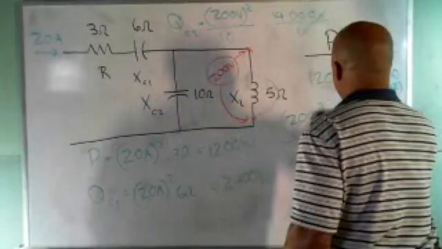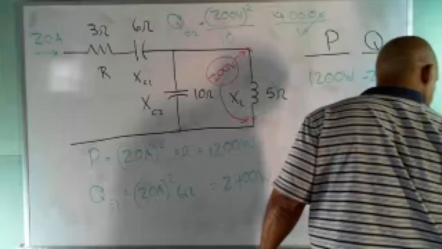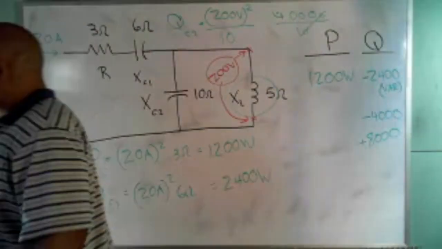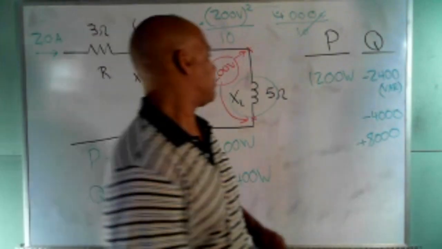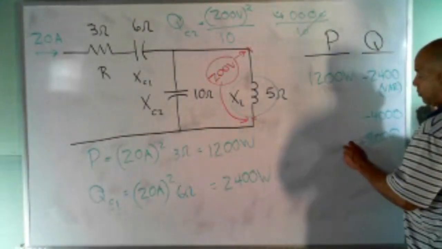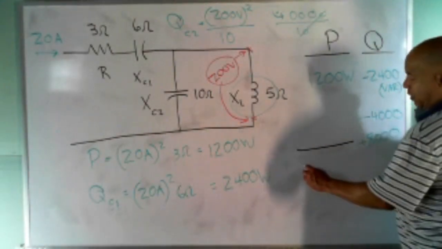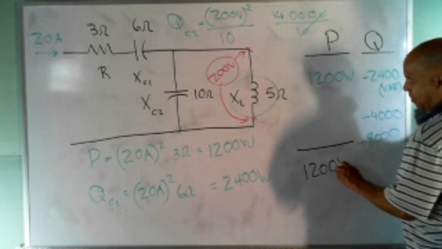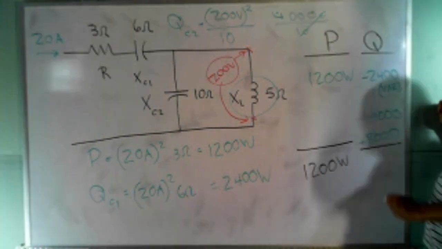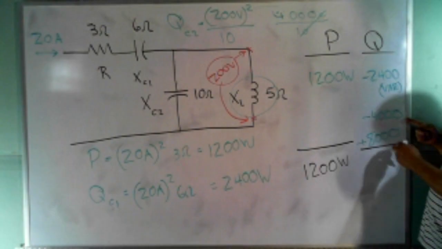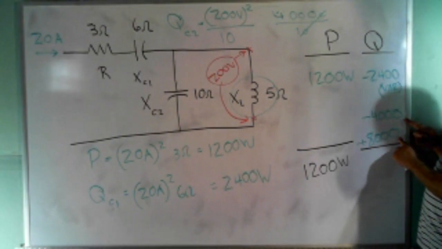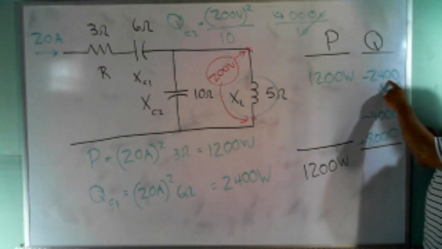My total reactive power, my total resistive power. So my total resistive power is 1,200 watts. My total reactive power, if I subtract these, I get 4,000. Subtract 2 more thousand from it, I get 2,000.